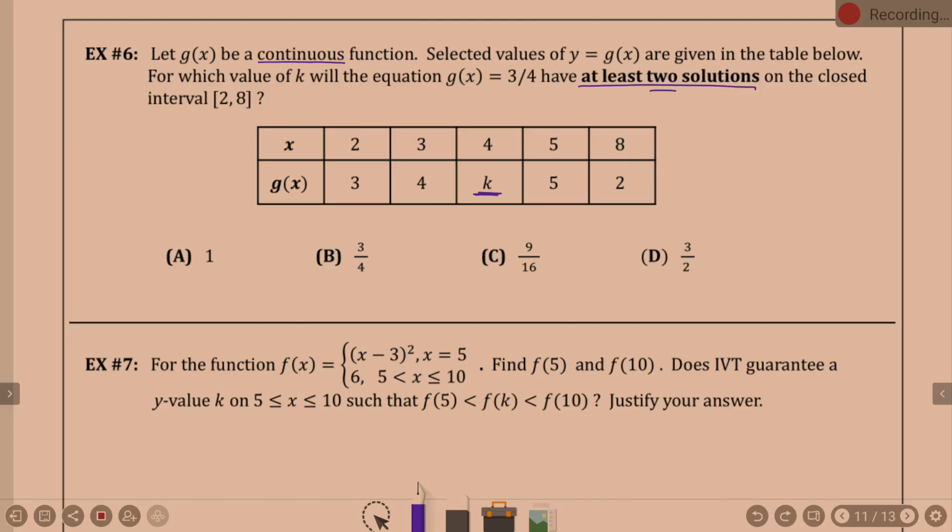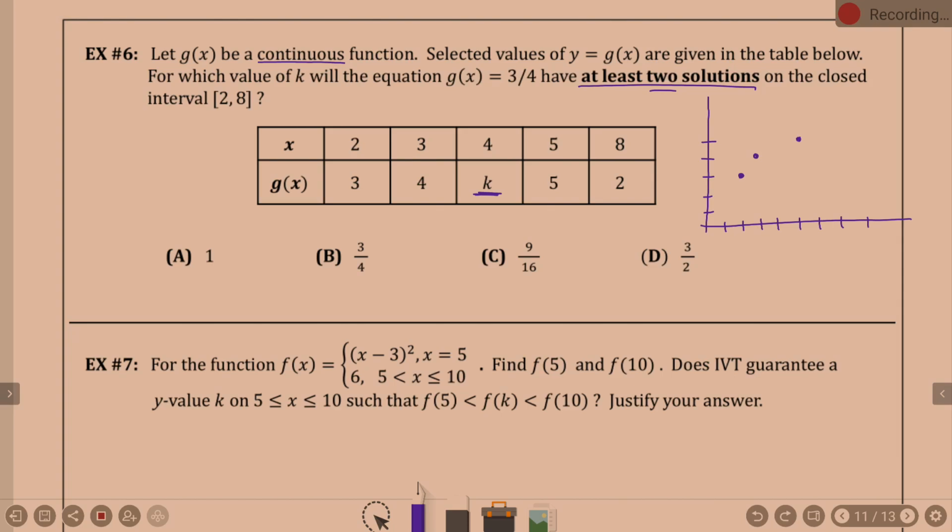So the best way I can explain this is a visual sketch. Okay? This is going to be real basic. 2, 3. 3, 4. 5, 5.